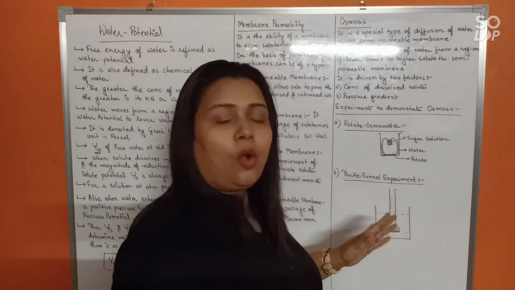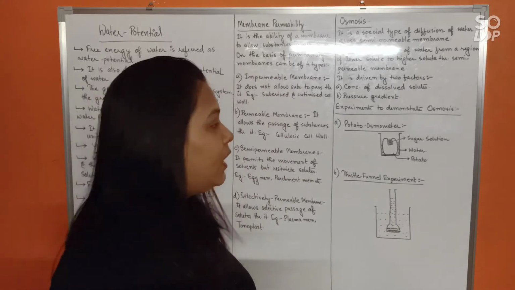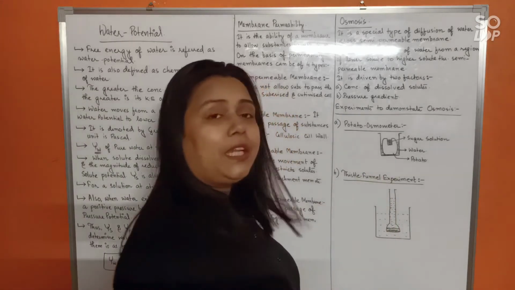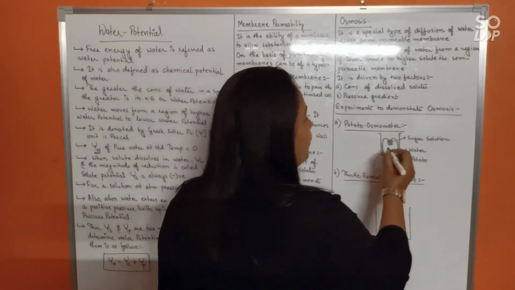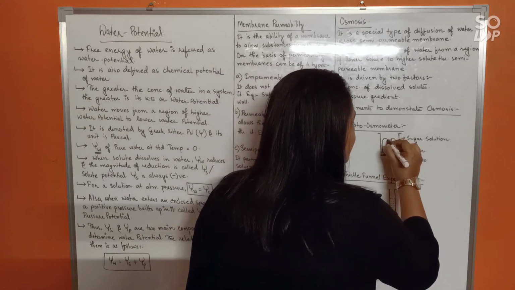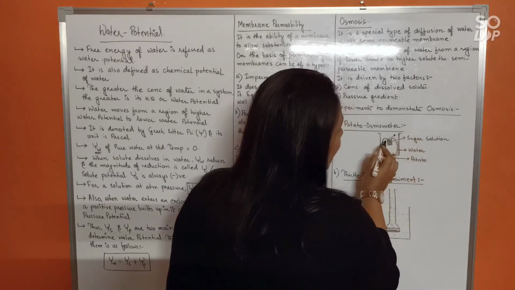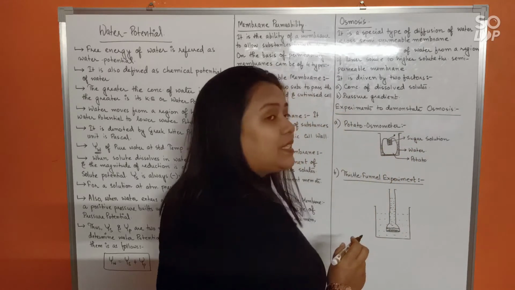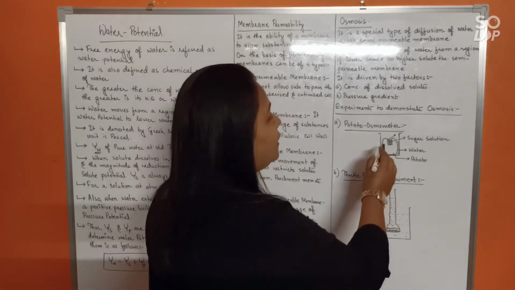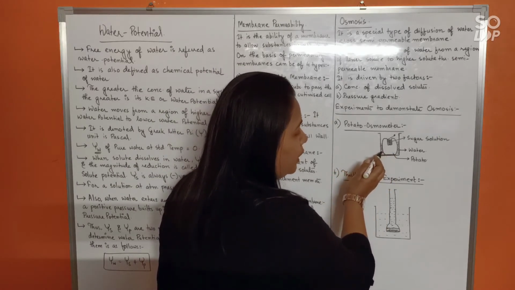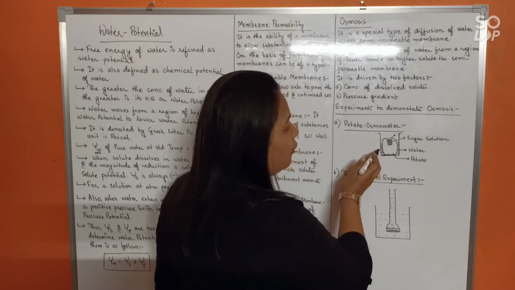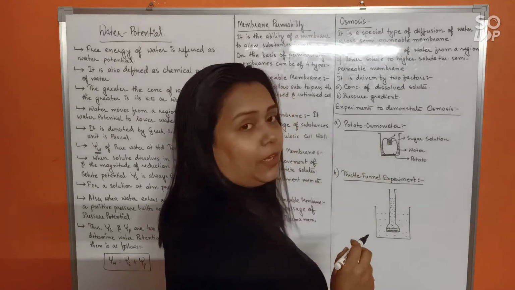Alright. So of course there is a concentration difference between the two solutions, the water and sugar solution. Of course then osmosis will take place, right? So when osmosis will take place, how will you understand osmosis is happening? See, beforehand, if I put a pin here to mark the level of sugar solution inside the potato, later on when osmosis will occur, water will move from lower solute to higher solute, means from outside towards inside the potato, isn't it?